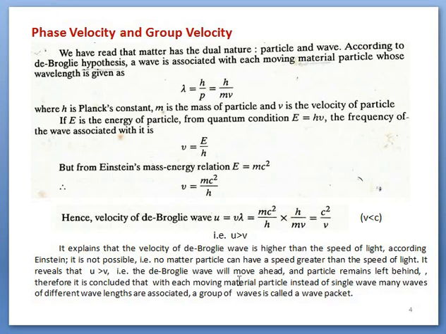By the superposition of all those waves, we have a group, a wave packet, meaning a group of waves. That resultant wave packet's velocity is known as group velocity. So here, with the help of this relation, we obtain the concept of a wave packet.